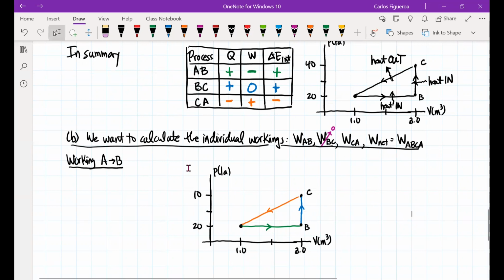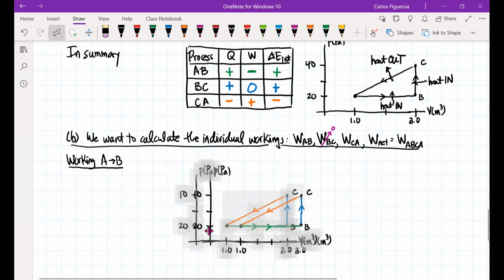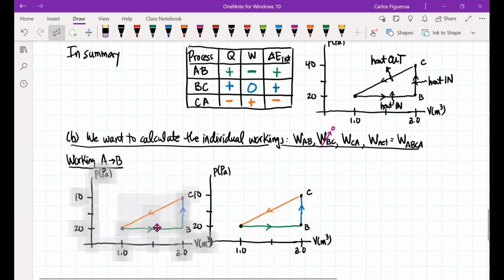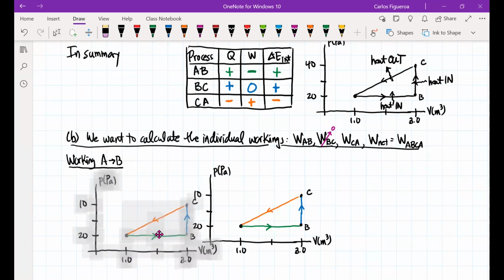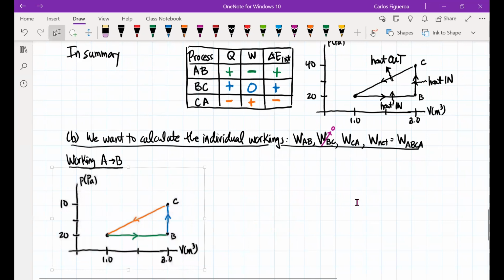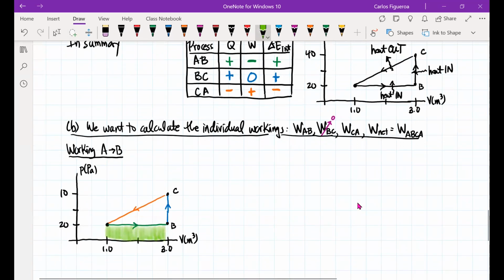So here we go. Now I'm going to move this over here. Okay. If I look at the work from A to B, that means it's the area under the curve. So this area right here is the work AB.